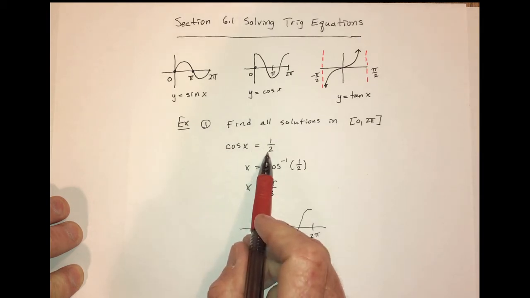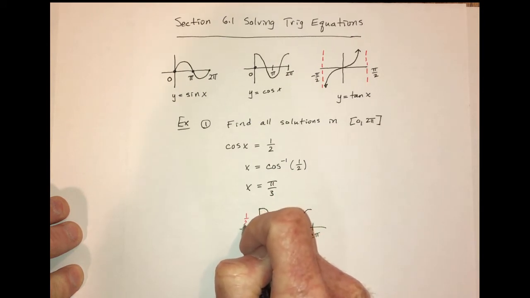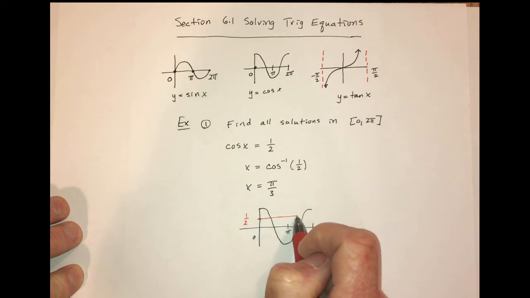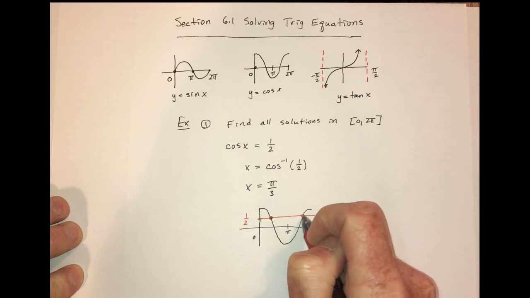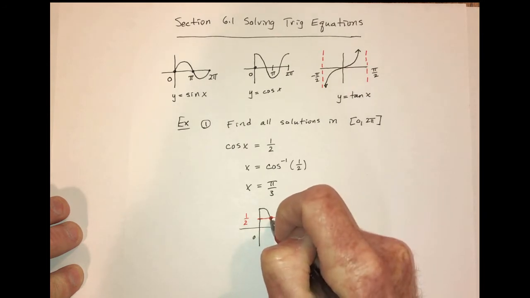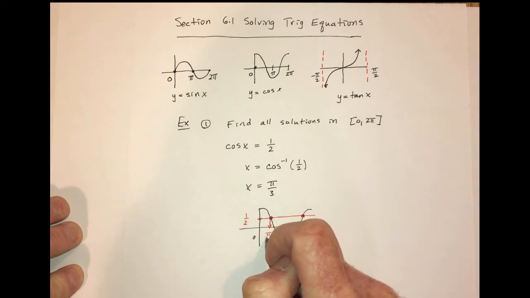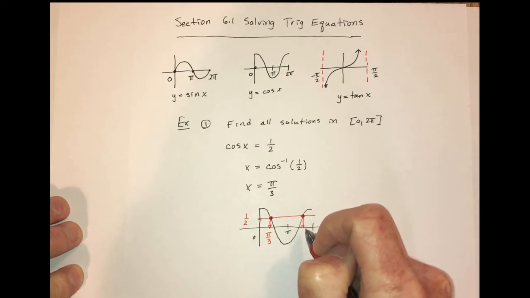When is the y value equal to a half? So on the y-axis, 1/2 would be right here. And if you draw a line straight across to see when cosine equals a half, there's actually 2 solutions. So one solution is the pi over 3 that the calculator just gave us. The other solution is over here on the right.